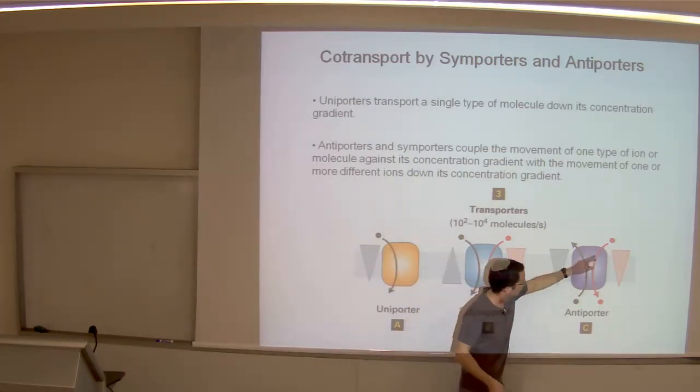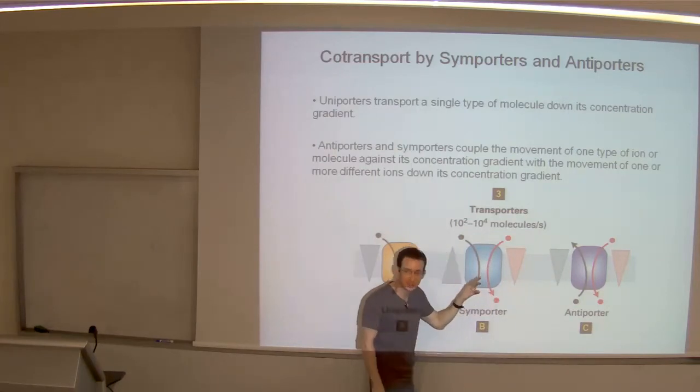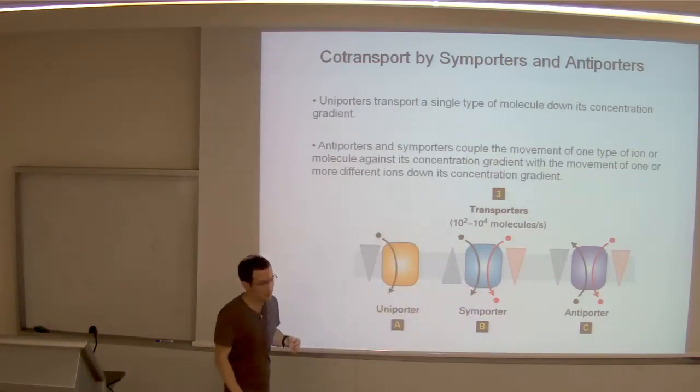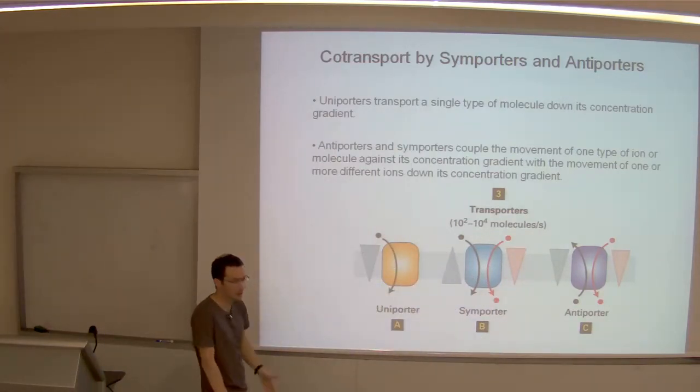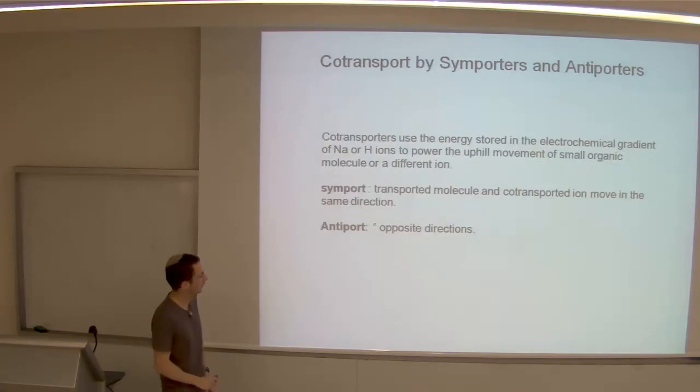And if the two ions are transported to opposite sides of the membrane, then the co-transporter is called antiporter. But in both these cases, one ion is moved against its concentration gradient, and another down its concentration gradient. So that's a different kind of energy coupling from ATP hydrolysis pumps.